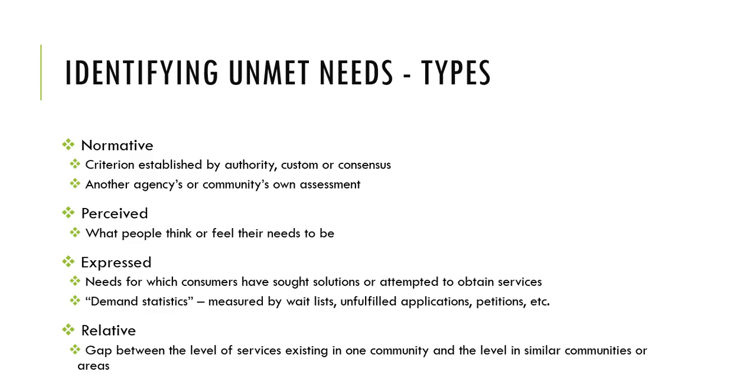An example that I'll be using throughout this video is about improving the condition of the fact that there are a lot of homeless families in Baltimore City. So an example of a normative need with this example in mind would be perhaps that Baltimore City has identified a number of chronically homeless families, and so it would be the actual data about the number of homeless families experiencing homelessness in Baltimore City.